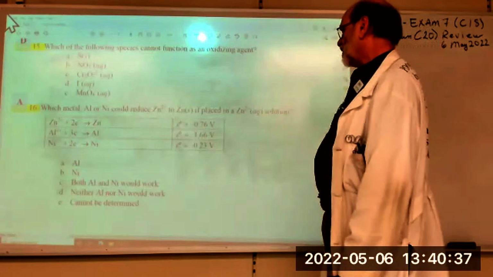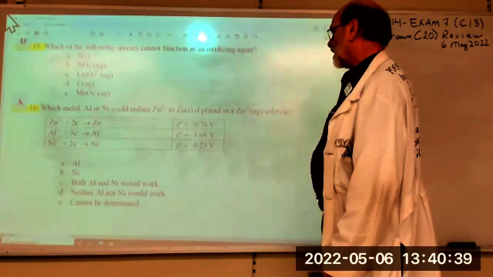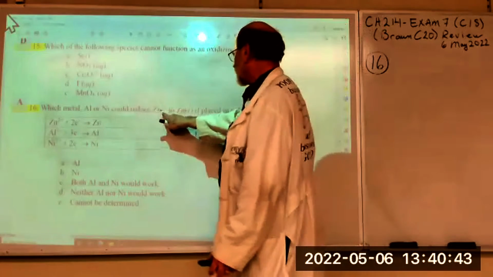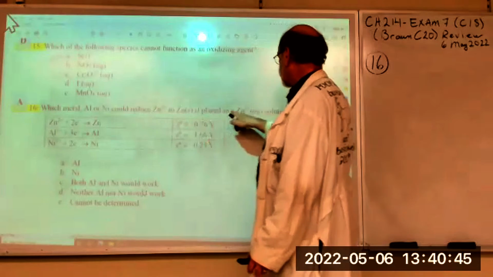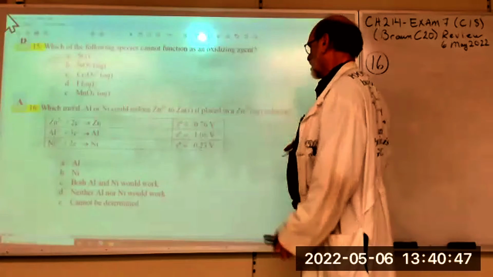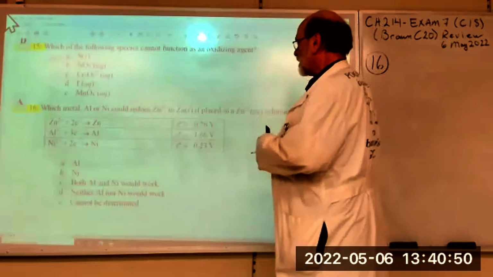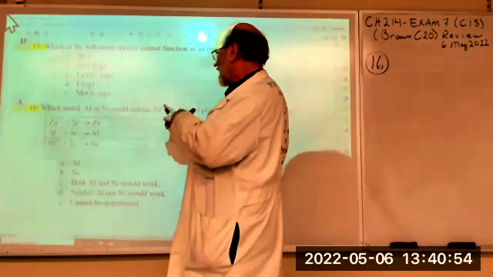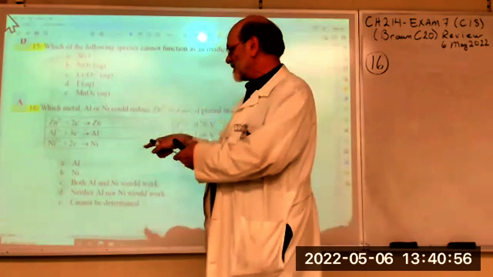Which metal, aluminum or nickel, could reduce zinc 2+ to zinc if placed in a zinc 2+ aqueous solution? Okay, if it's going to reduce zinc 2+, then it has to be oxidized.